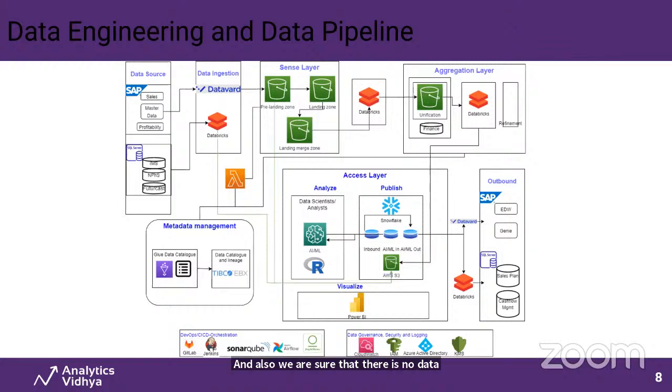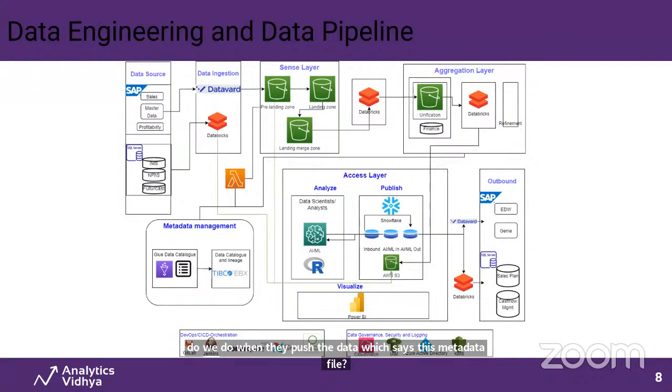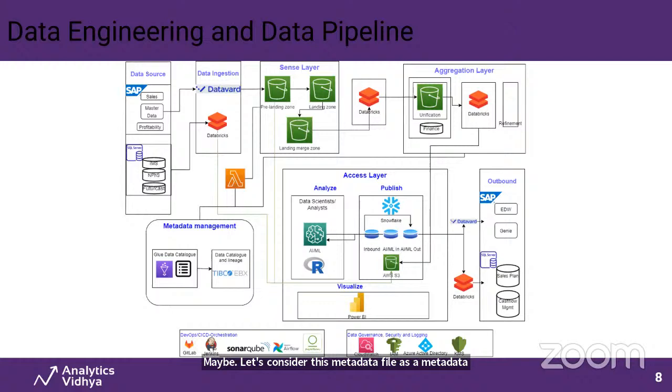So when they push the data, besides this, let's consider a metadata JSON file. Every data load our upstream does will generate a data file, and the data source will also push the metadata file.